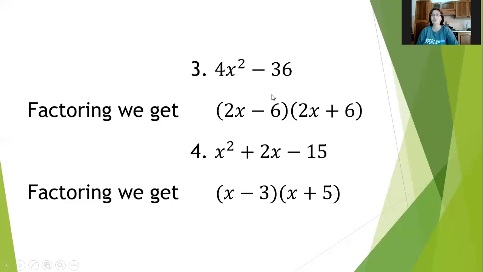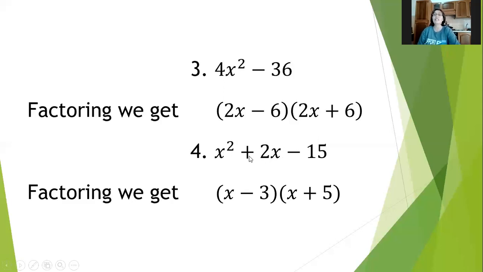Okay? Now, number 4, x squared plus 2x minus 15. We have to find the factor. The factor of x squared is equal to x times x. And the factors of 15 are 3 and 5 because 3 times 5 is equal to 15. But you have to consider the sign of the number in the middle term.